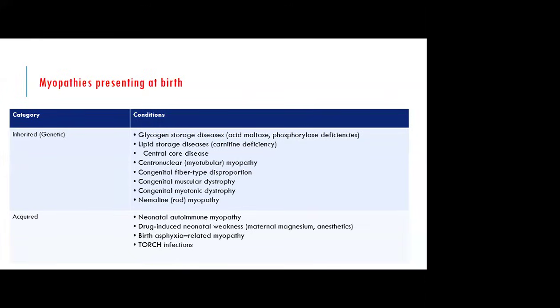Acquired, we have neonatal autoimmune myopathies, drug-induced neonatal weakness, could be due to maternal magnesium, anesthetic agents, birth asphyxia-related myopathy, and related to TORCH infection.